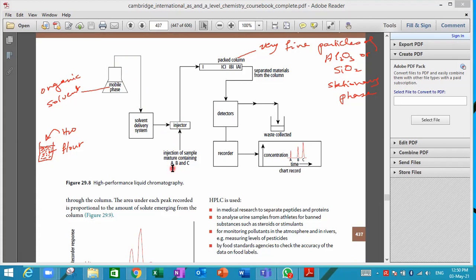The mixture, which contains, for example, 3 components, A, B, and C, is going to be injected here. And then using the pump, the mobile phase is going to be mixed with our mixture and forced to pass through this column that contains the very fine particles of alumina or silica.